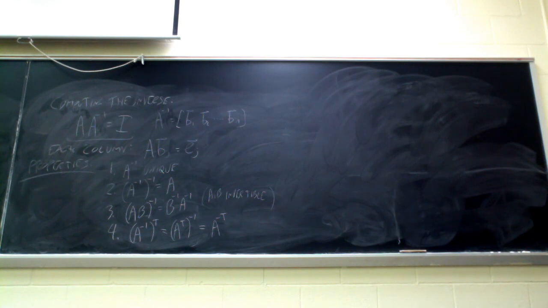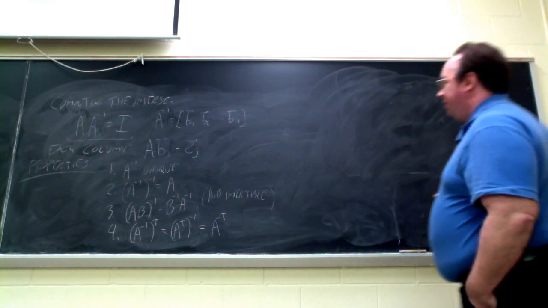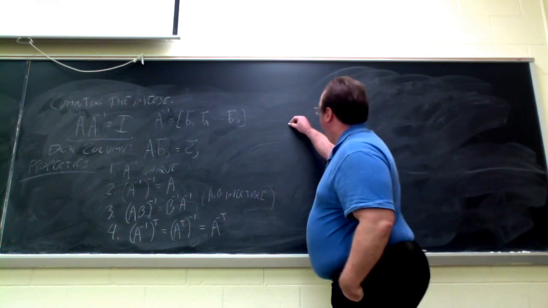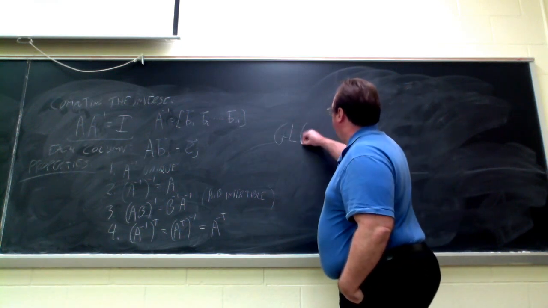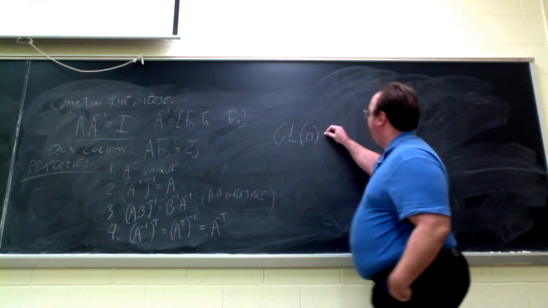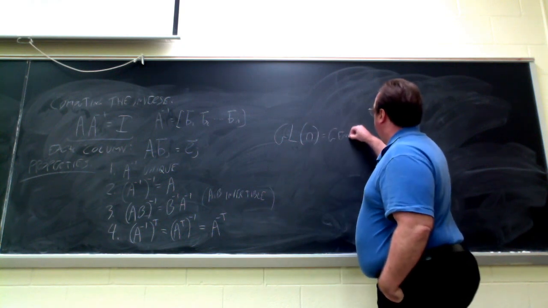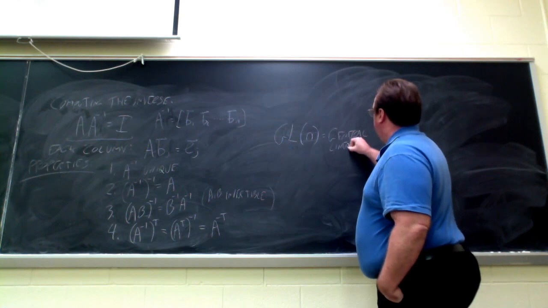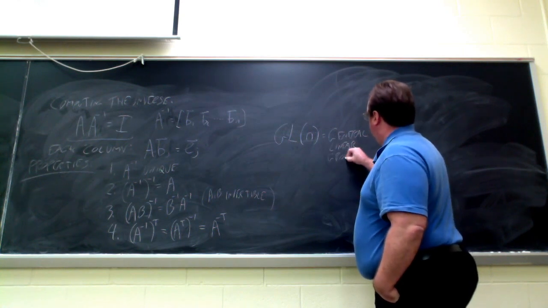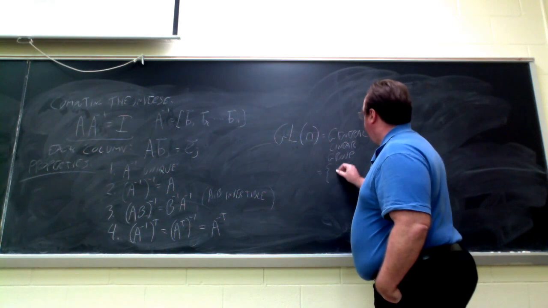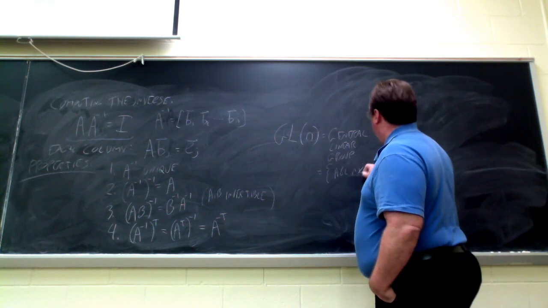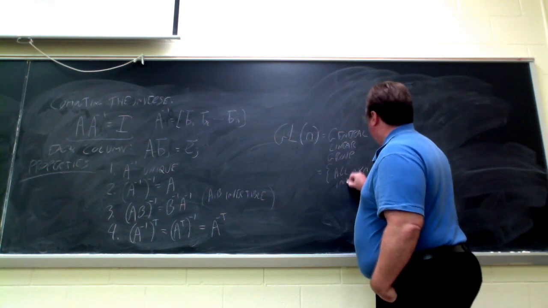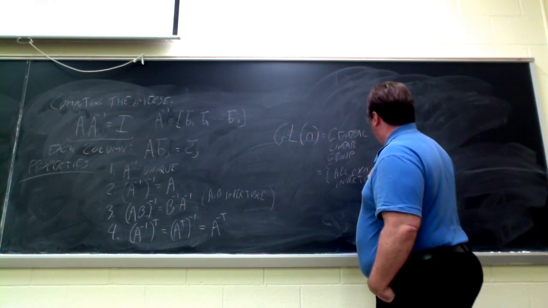Now, to go back to my parallel with modern algebra, you might have seen this when you took that class. GL_n is called the general linear group, and is defined to be the set of all n by n invertible matrices.